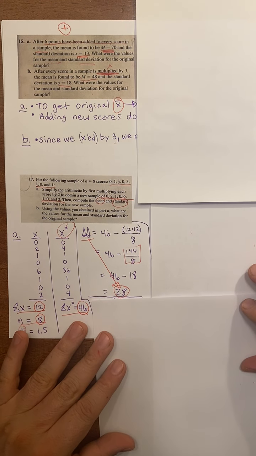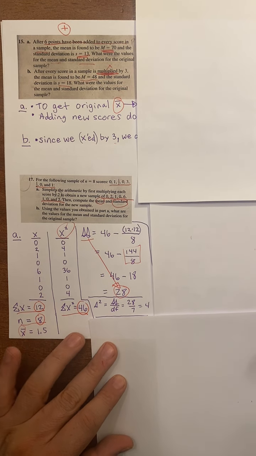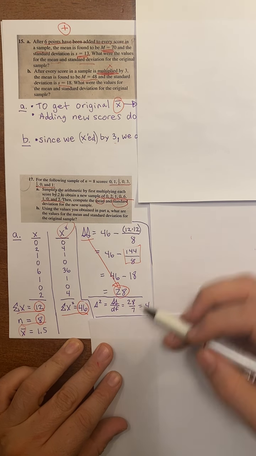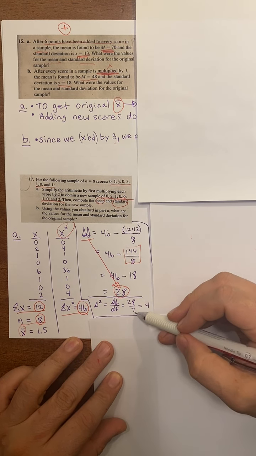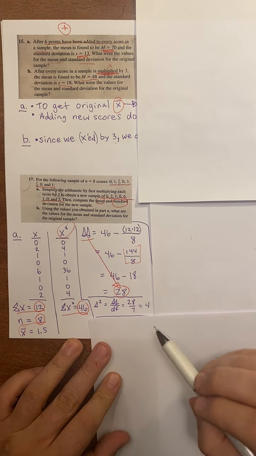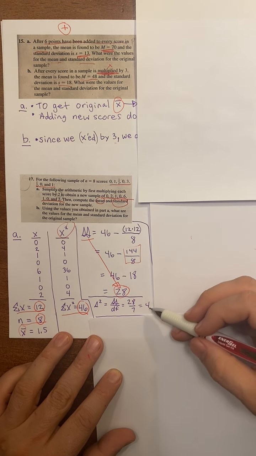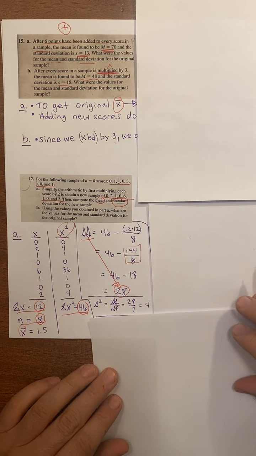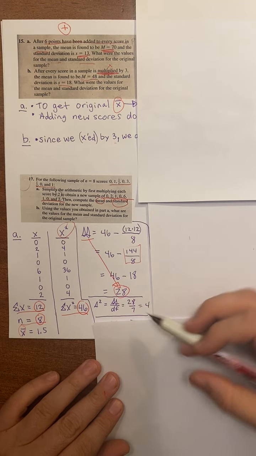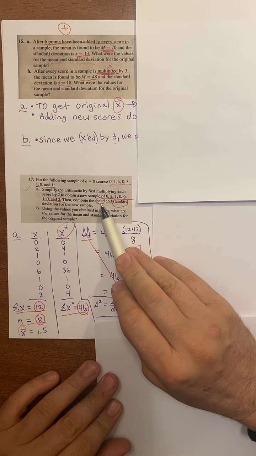Now we'll use that sum of squares value to figure out the sample variance. Remember that the formula is the sum of squares over the degrees of freedom, which gives us 28 over 7. Why 7? Because degrees of freedom is n minus 1, or 8 minus 1. That then tells us that our variance is 4. Okay, so that's everything that we needed to do for question A. We found out what our mean was, which is what they were asking for right there.